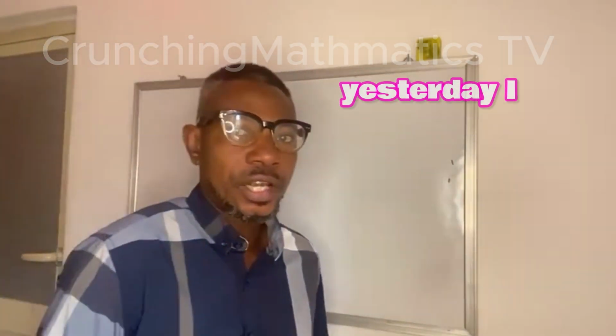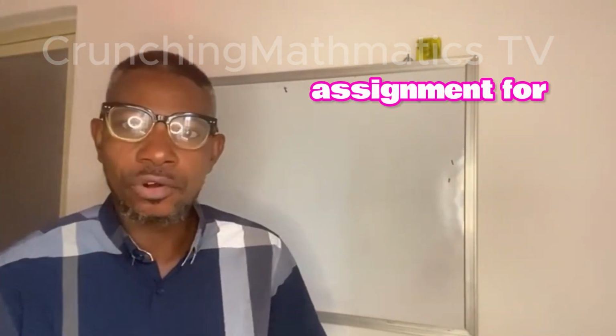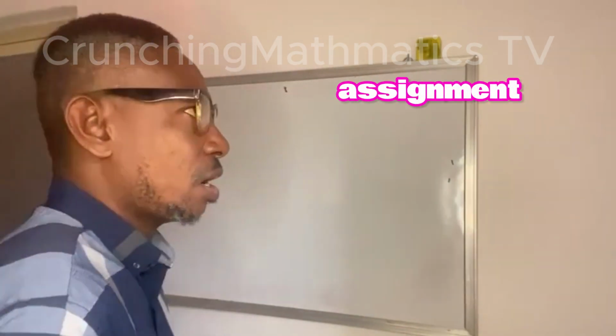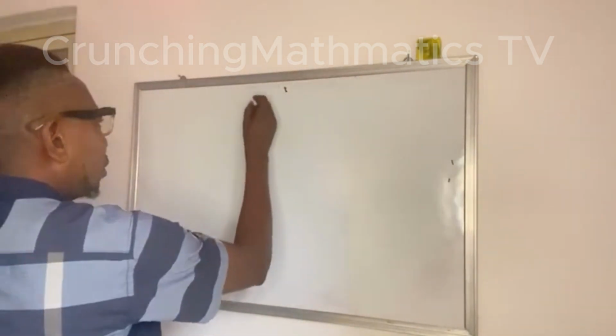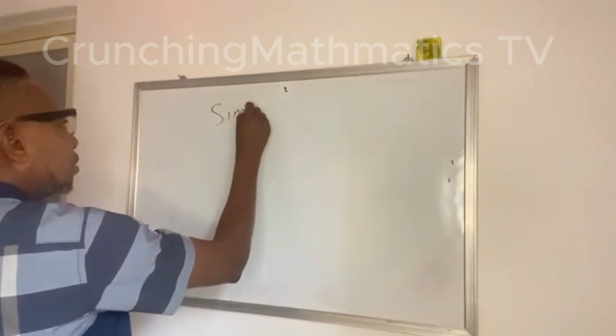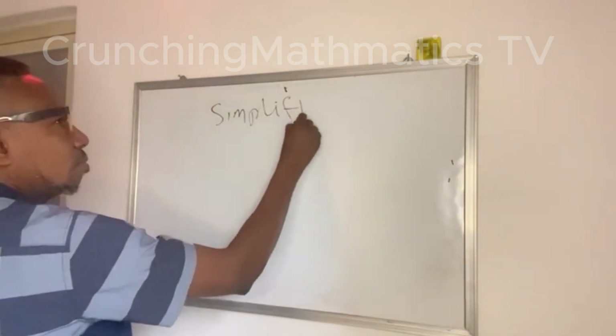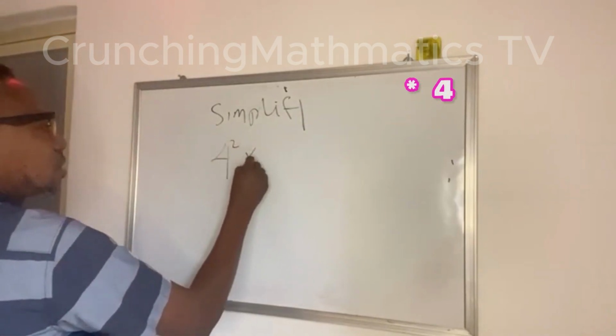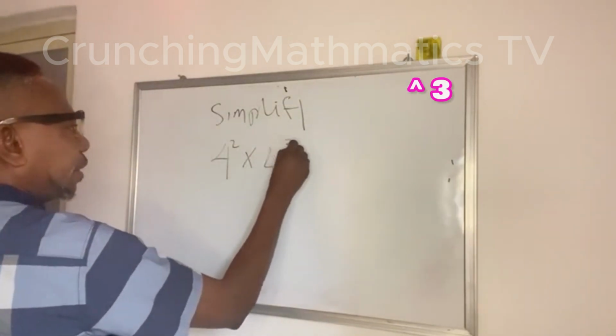Yesterday I dropped an assignment for us to take home. Some people made mistakes trying to solve it. We have to simplify 4 raised to power 2 times 4 raised to power 3.